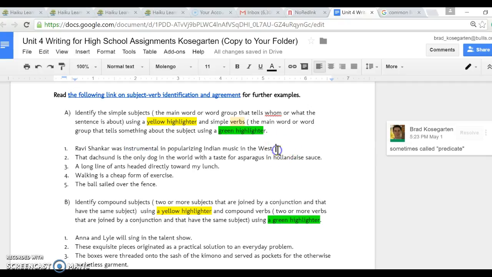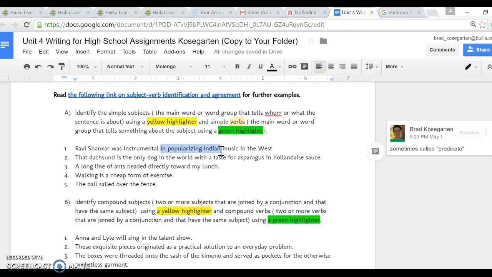The other thing to keep in mind is we really need to pay attention to prepositions, in popularizing Indian music in the West. The subjects, the main verbs, the subject complements or indirect objects are not going to be part of the prepositional phrases.